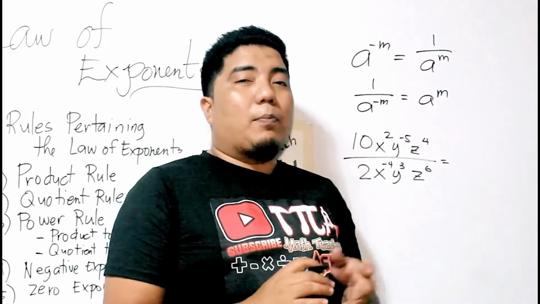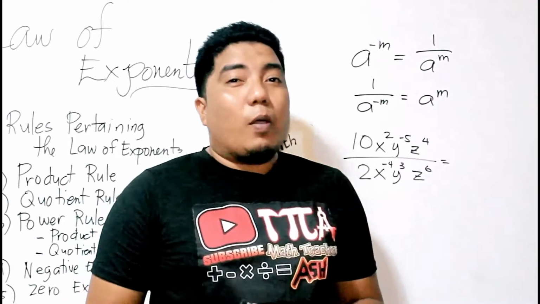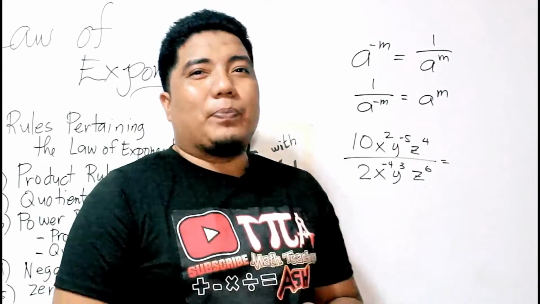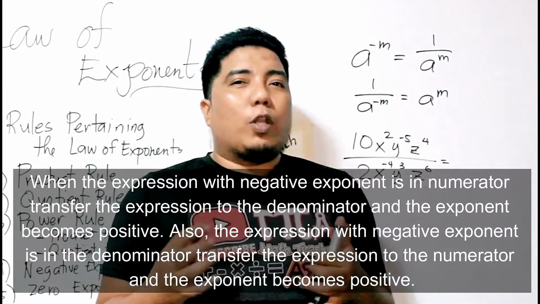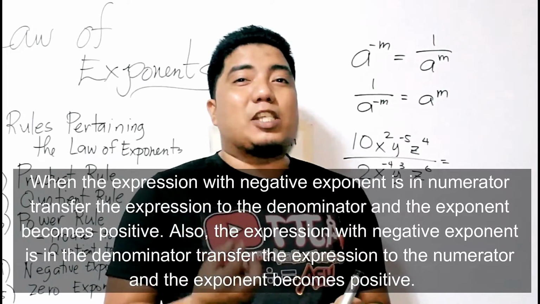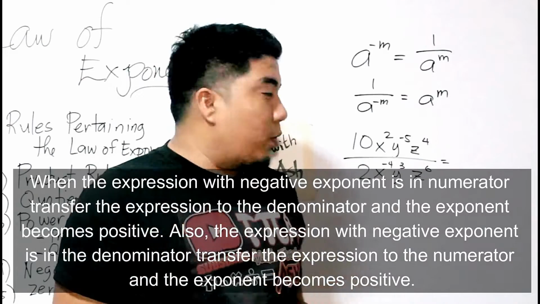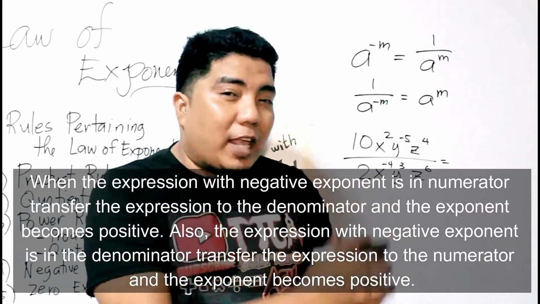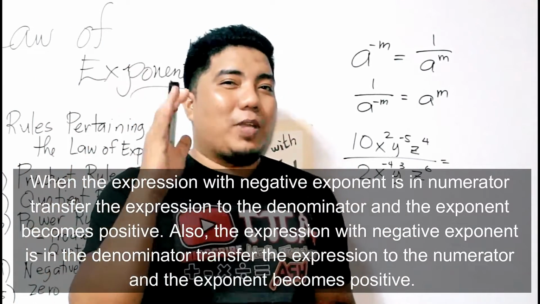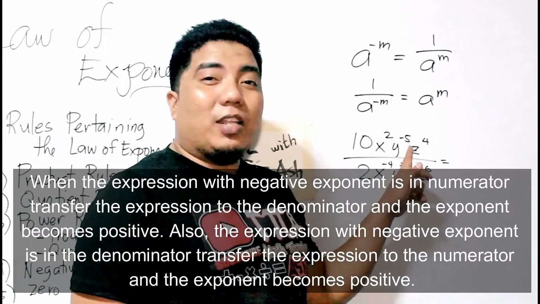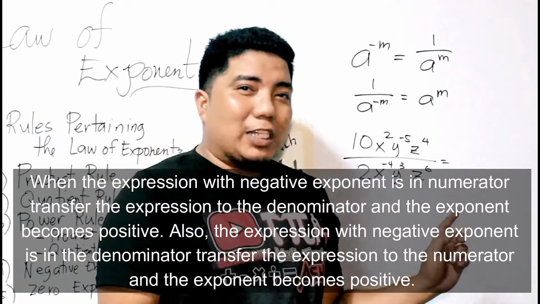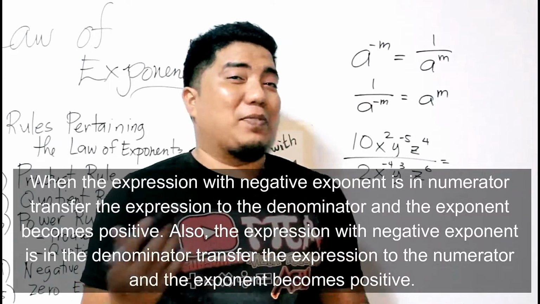Since in this example you see negative exponents, I will teach you one trick. If you see a negative exponent, you just transfer it to the other side. If the negative exponent is in the denominator, you transfer it to the numerator. If the negative exponent is in the numerator, you transfer it to the denominator, and vice versa.